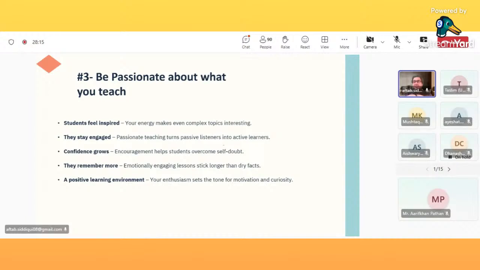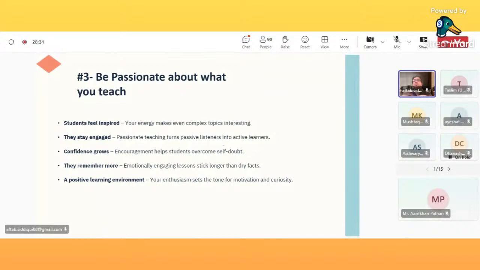If you approach, for example, drug formulation, clinical practice, or pharmacology with enthusiasm, students will naturally absorb more and connect learning to real life.